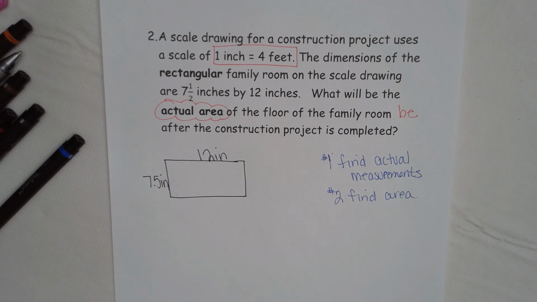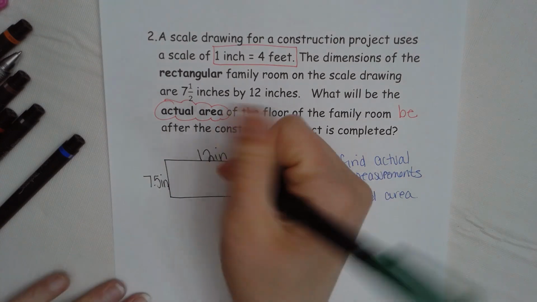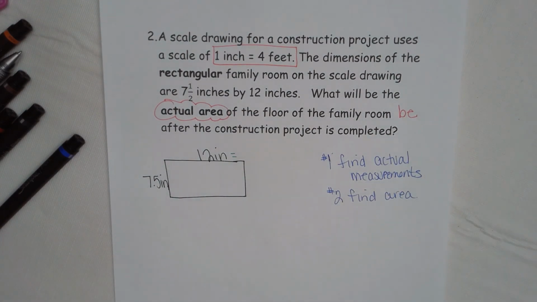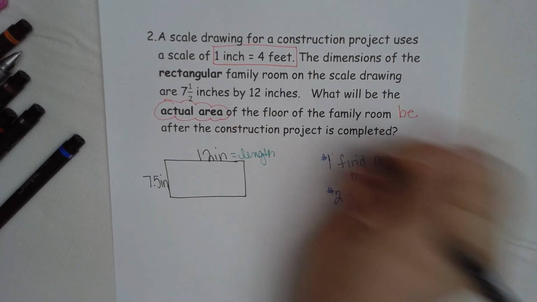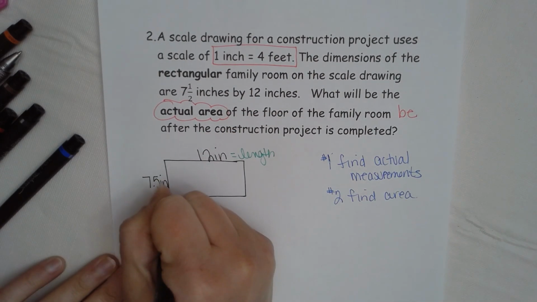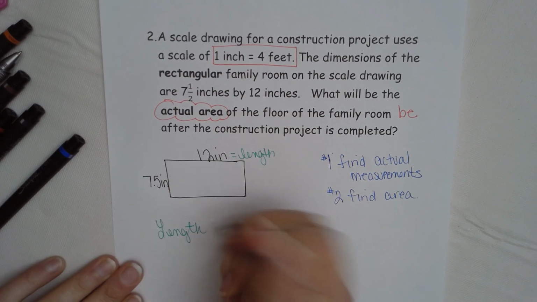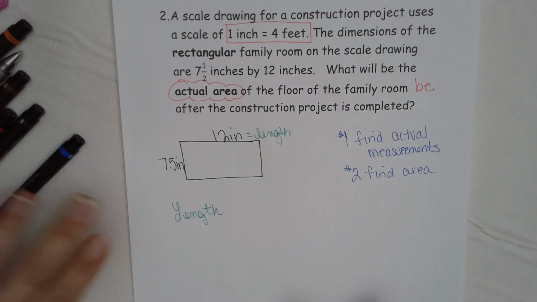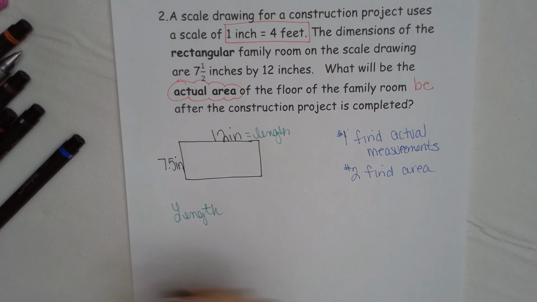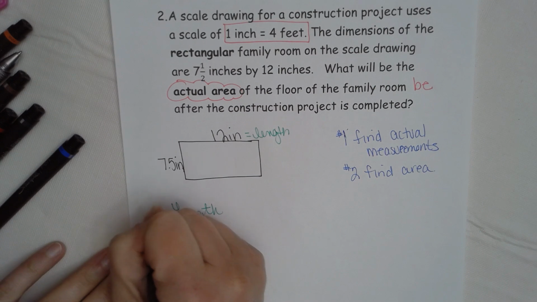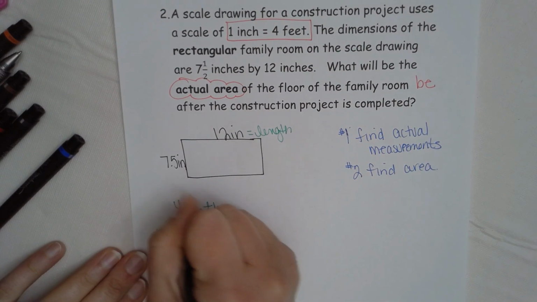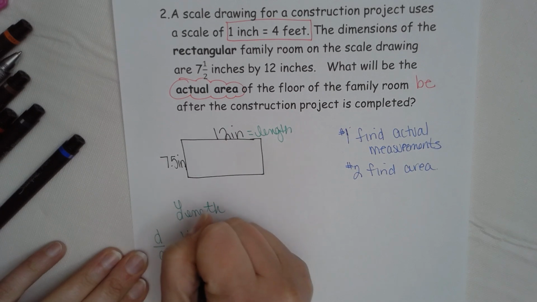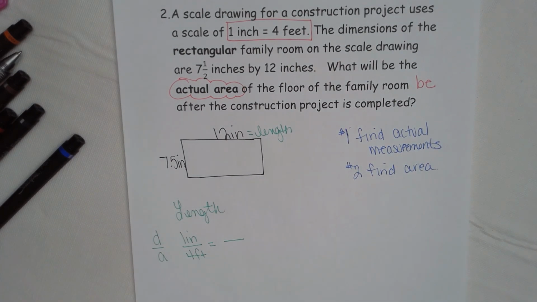All right, so we're going to take a look at the length first. I always consider the length the longest side. Always, we're going to take our scale, 1 inch to 4 feet. Remember, it's drawing over actual, and I'm even going to write a D over A. 1 inch is the drawing, 4 feet is the actual. Set up that proportion again.